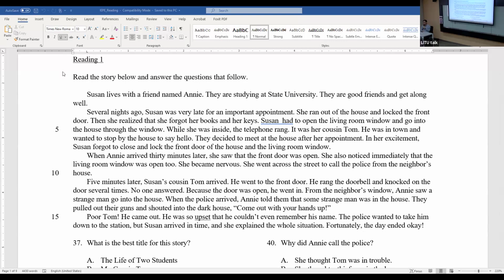So my question is, without considering the items, to which CEFR level do you think this whole passage can belong?